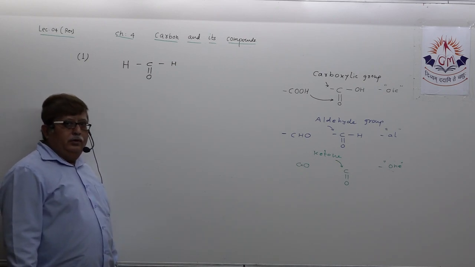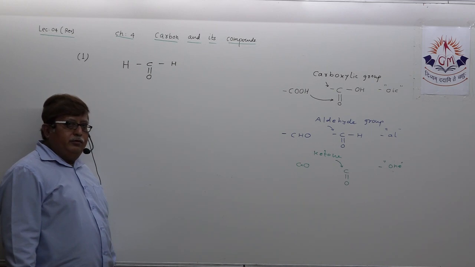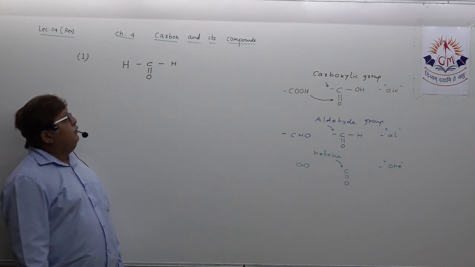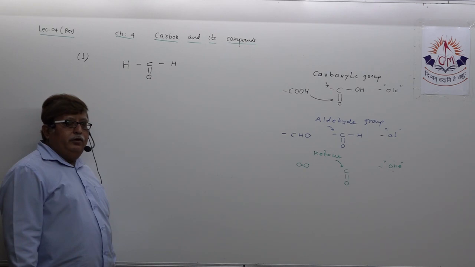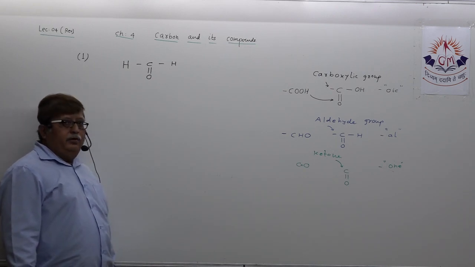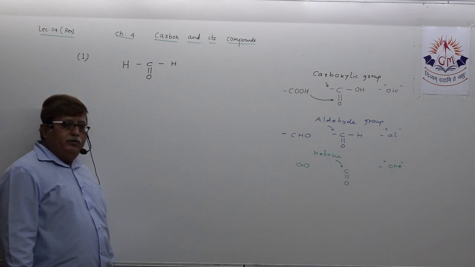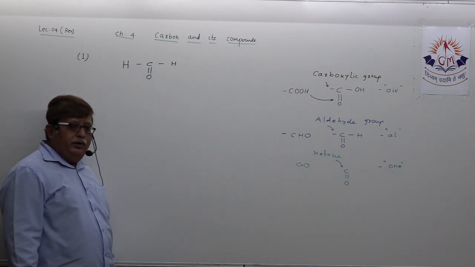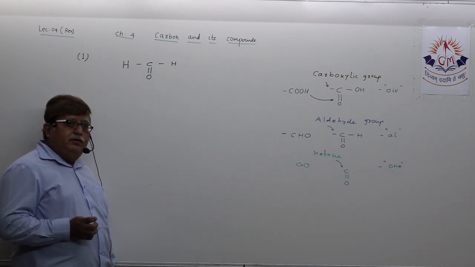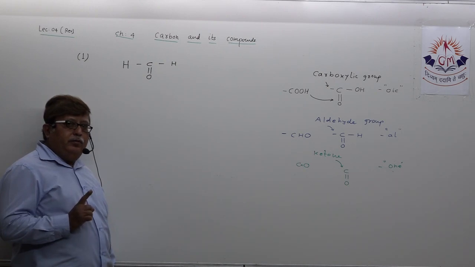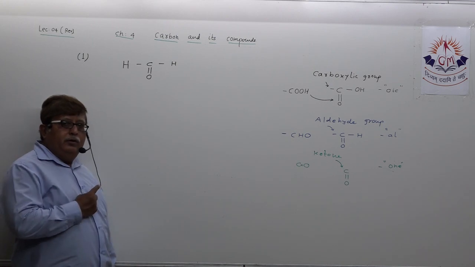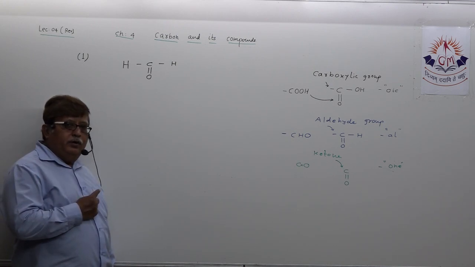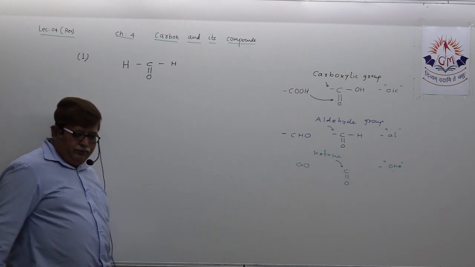I have already drawn the structure: H single bond, C double bond O, branched, and continue single bond H. Try to name this organic compound. Each and every student has to actively participate in naming the given organic compound. Understood?